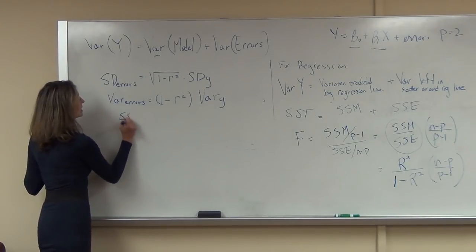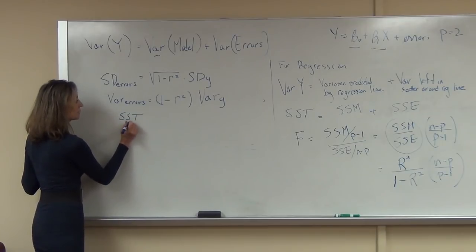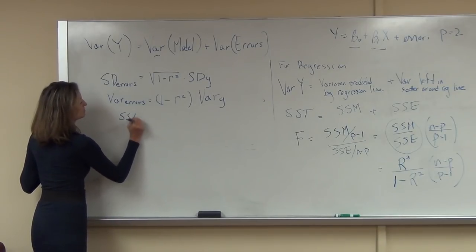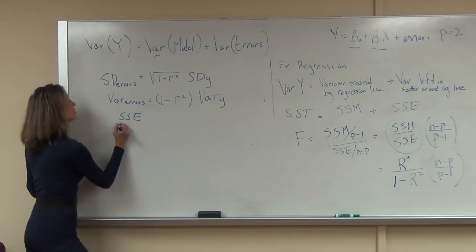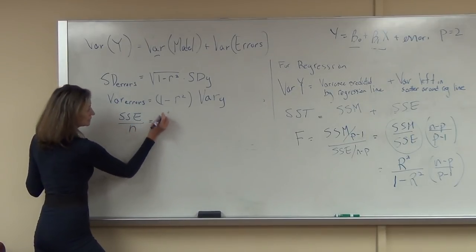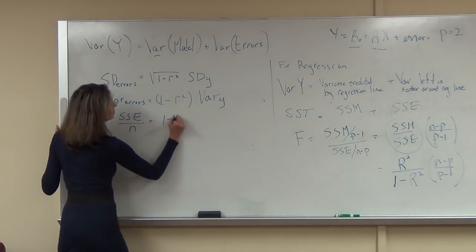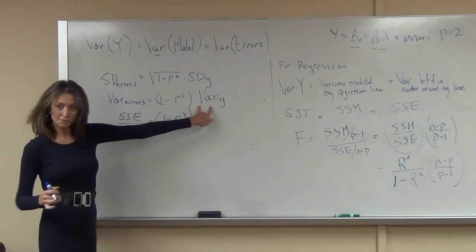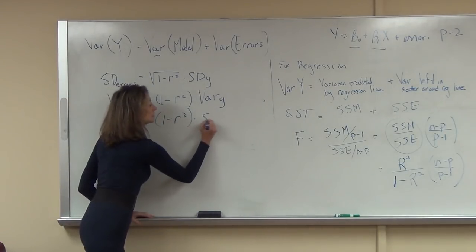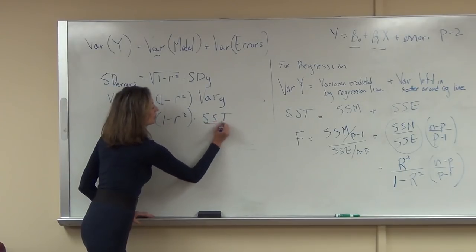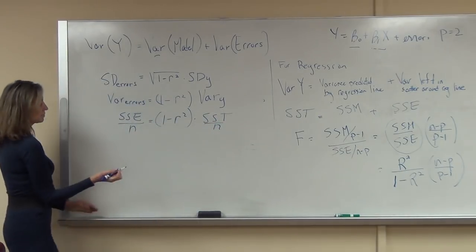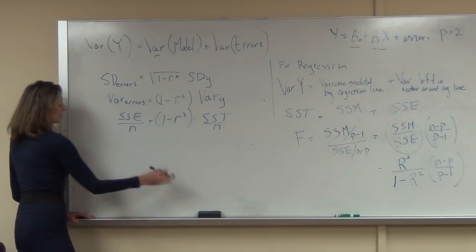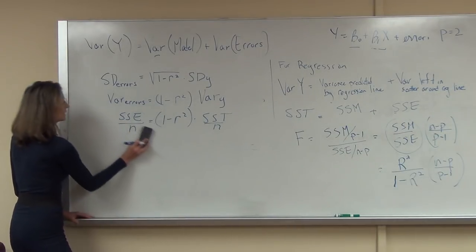That's SSE, excuse me, sum of squares errors over n. And that says that this is equal to 1 minus R squared times, and what's the variance of y? That's SST, the total variation over n. So we get this relationship, we can multiply through by n, so we get this.